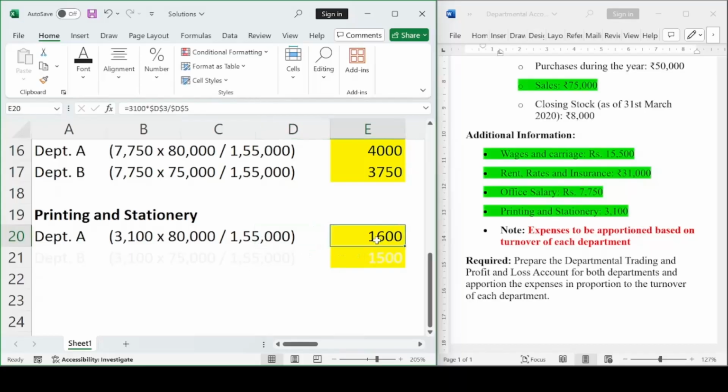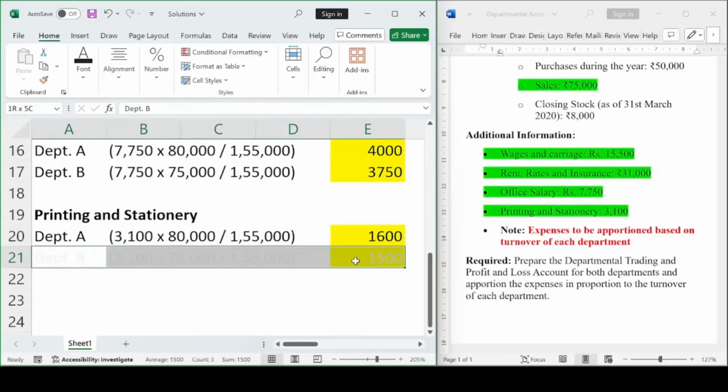We will get the value as 1,600. Next, let us calculate it for department B. So again 3,100 is the expenses of printing and stationery and department B's turnover is 75,000 and the total turnover is 1,55,000. So when we divide it, we will get the value as 1,500.